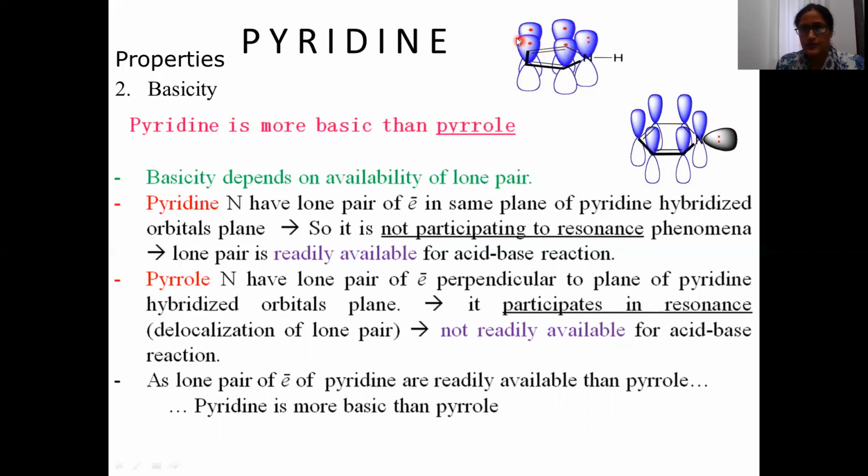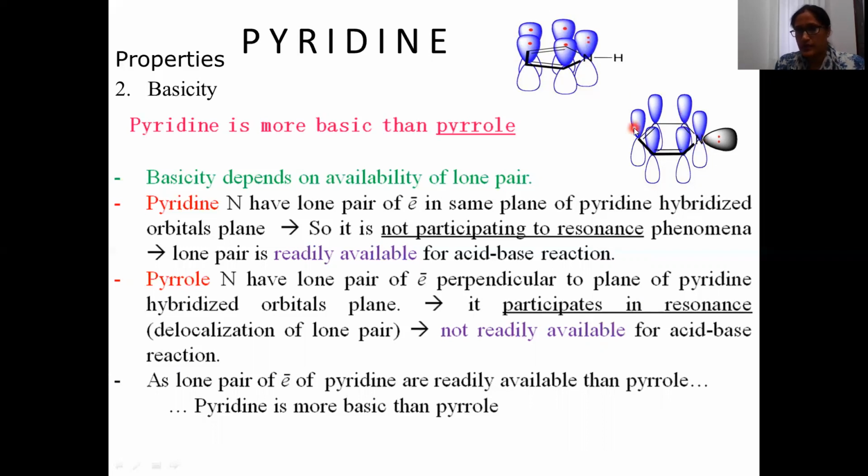Delocalization of pi electrons is possible in this structure, and the lone pair on the nitrogen is involved in the formation of the pi molecular orbital.